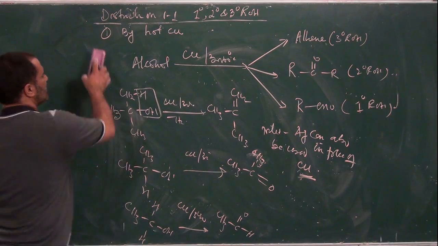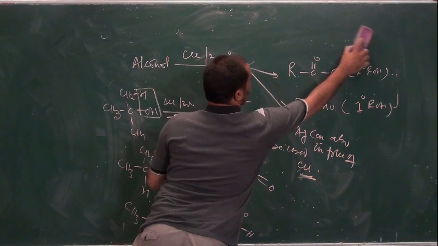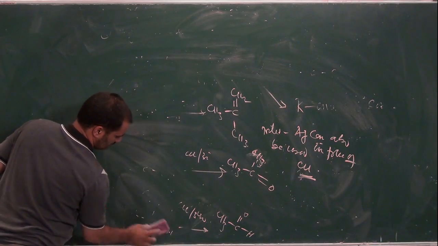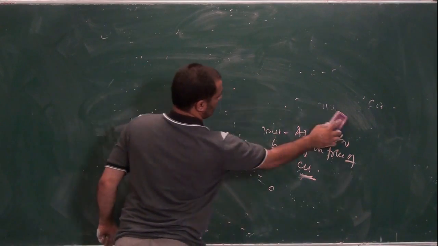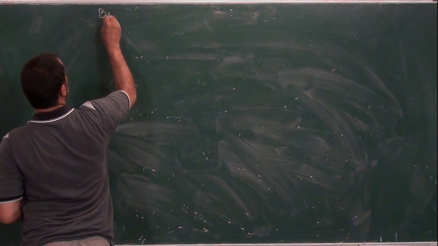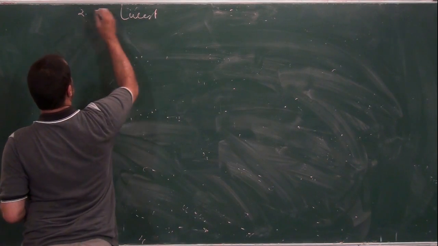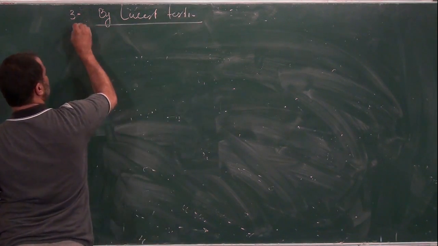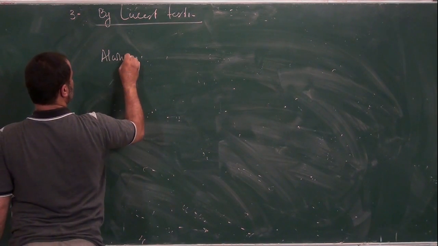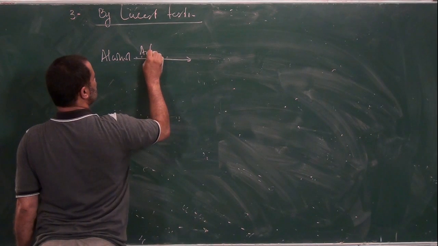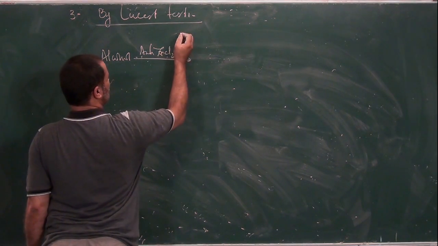So another important method is the Lucas test. Alcohol with anhydrous zinc chloride and concentrated HCl.